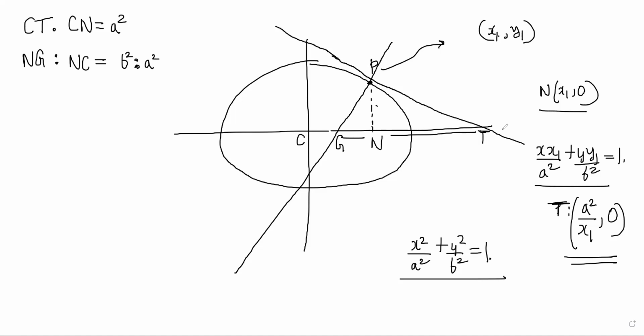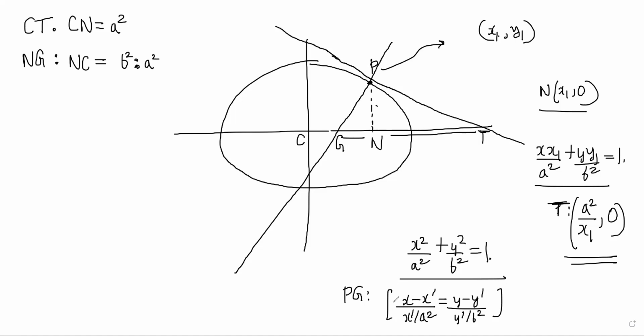The equation of the normal PG is basically (x minus x dash) by (x1 by a square) is equal to (y minus y dash) by (y1 by b square). This is the standard equation of the normal. You know how to get that, right?